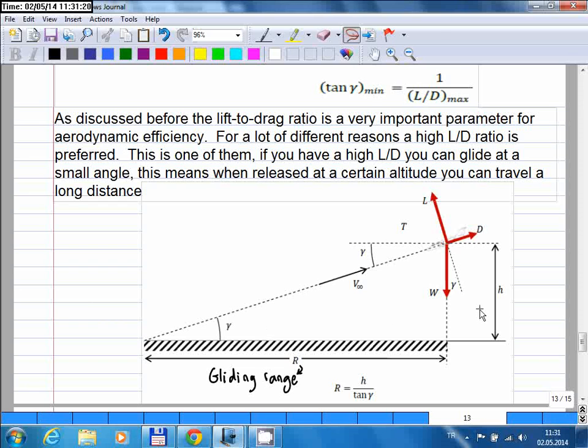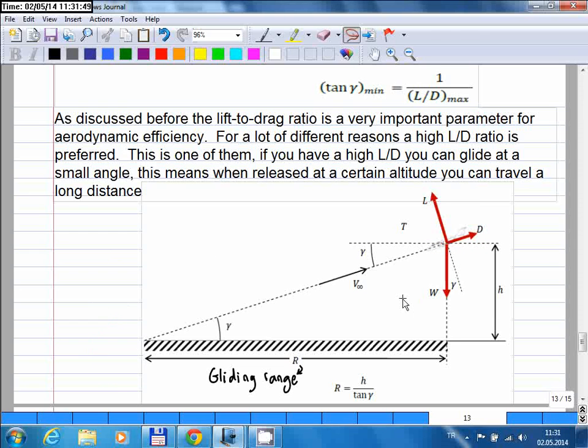Okay, so let me stop here, and I'm going to give you some interesting examples related to gliding. Normally, if you are flying a glider, then you're gliding at all times. But if you are flying an aircraft, and for some reason you lose engine power, then you have to glide. In that case, the gliding performance becomes an important performance criterion even for regular aircraft.